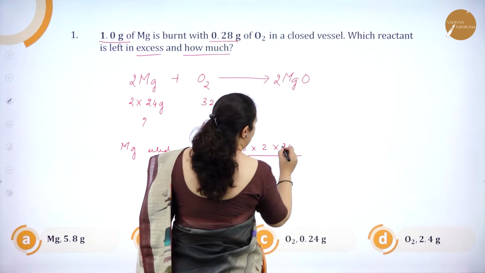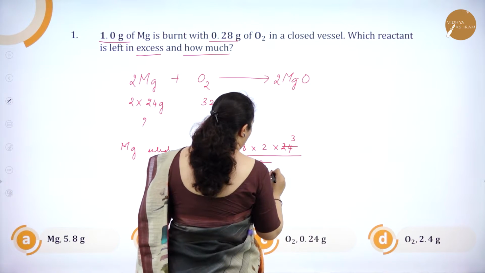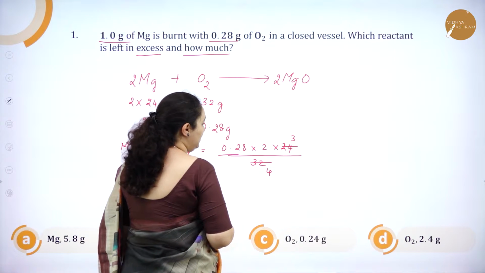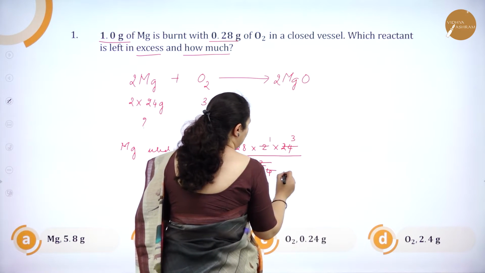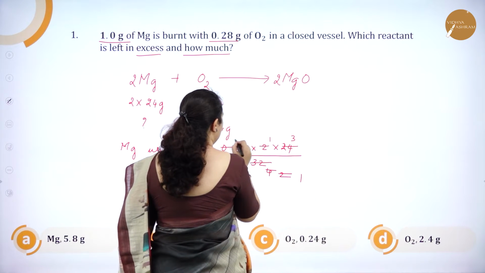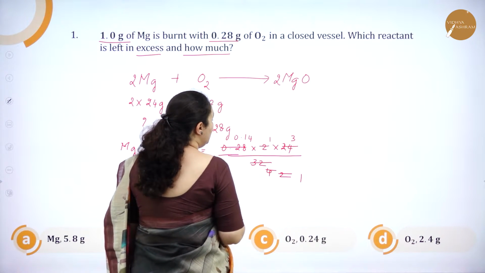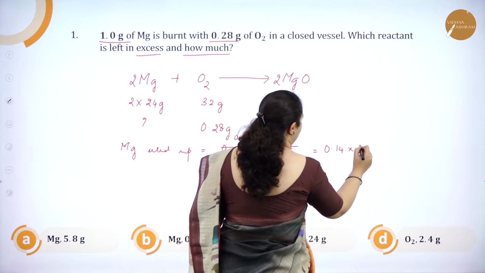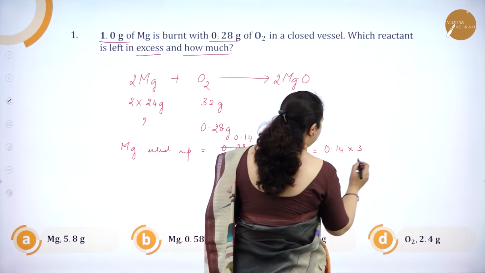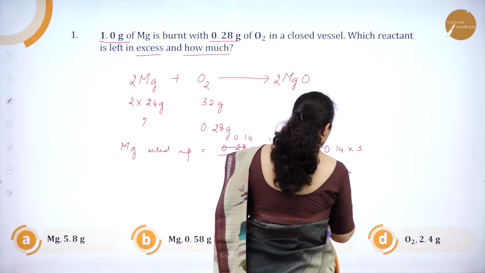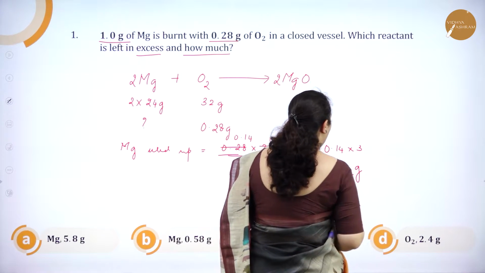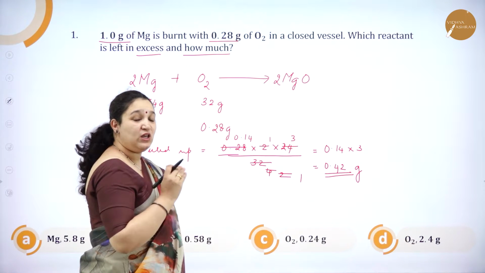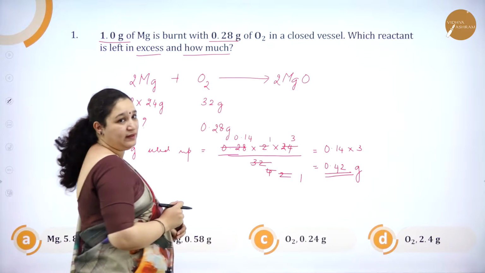So I can write this as 3 and 4. 8 3s are 24 and 8 4s are 32. So 2 1s are 2, 2 2s are again 2, 1s are 0.14. So you will get it as 0.14 into 3. That is nothing but 0.42 grams is what is used up out of 1 gram.